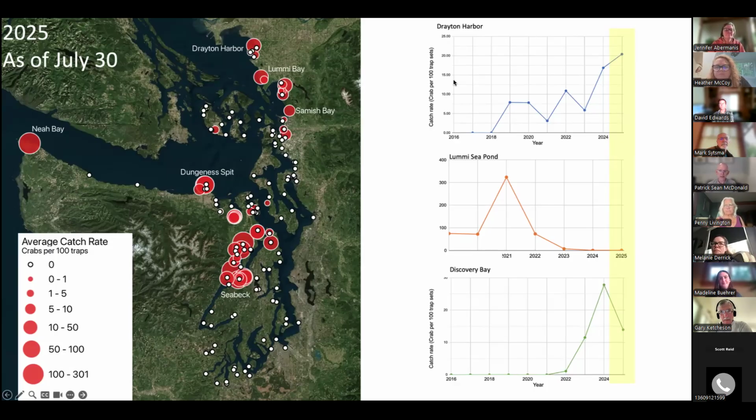It's receiving influx of larvae much more regularly than we would see in the Lummi Sea Pond. So if you can imagine, the Lummi Sea Pond is sort of closed, Drayton Harbor is more open. And so we're going to see some fluctuations, as you can see here from 2018 all the way through 2024. We have ups and downs, but most recently we've had some higher numbers.